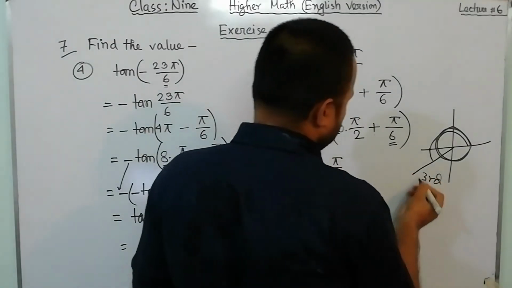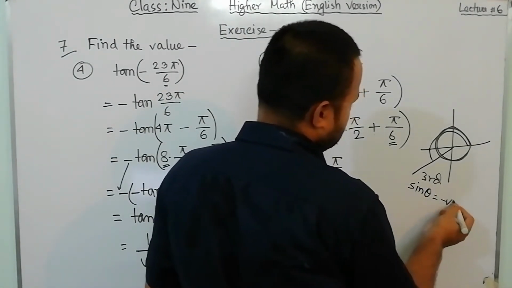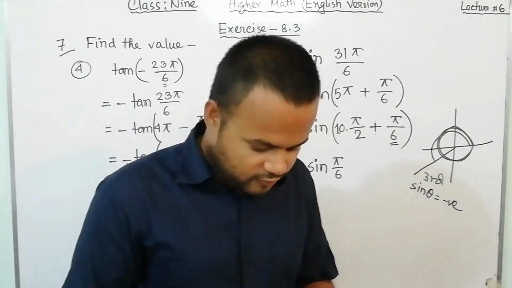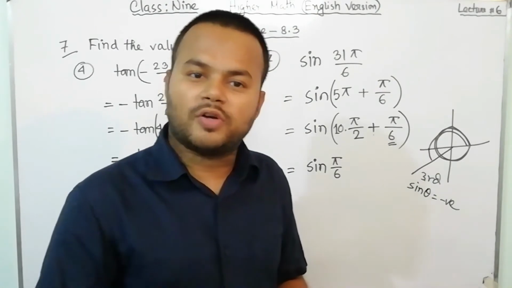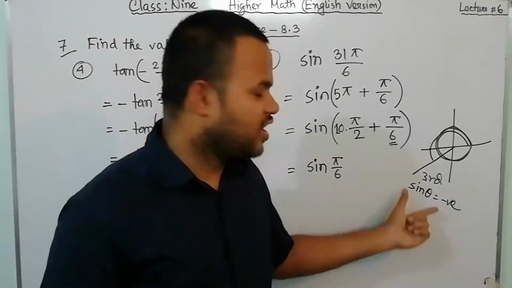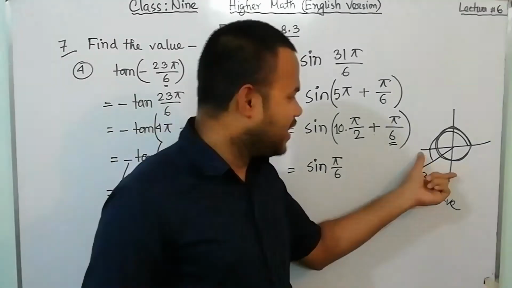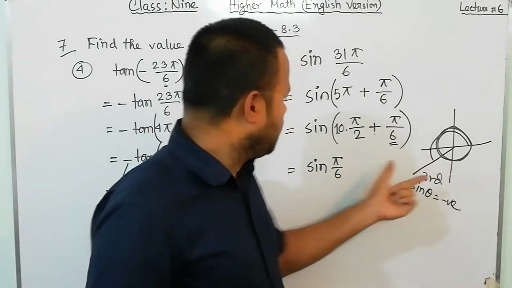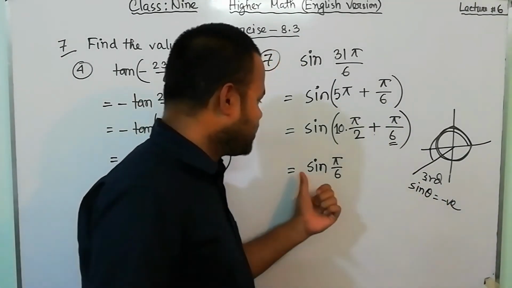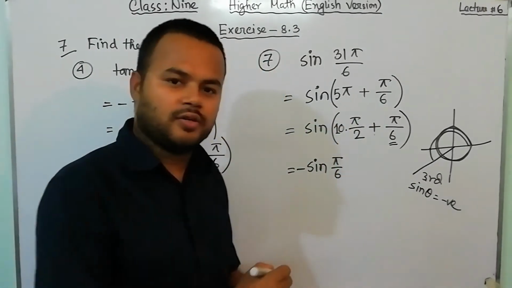Here the value of sine theta is negative. In third quadrant only the value of tan theta and cos theta is positive. All other 4 trigonometric ratios are negative here, so the value of sine theta is negative. So we have to put this negative sign here.